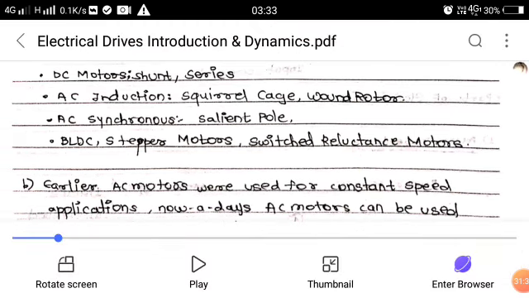So in drives, we have to study this point very clearly, because in all these years of engineering, you have studied so many things, and knowledge is given to you. But now, as you are in the final year, this is an applied subject, we have to use that knowledge which you have gained previously and apply it.